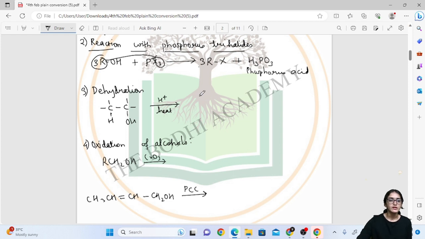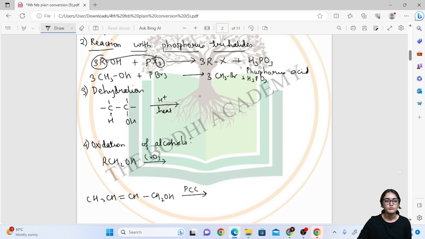So this was the second reaction in which we have seen the cleavage of the CO bond. If I take an example, 3CH3OH plus PBr3 will give us 3CH3Br plus H3PO3.